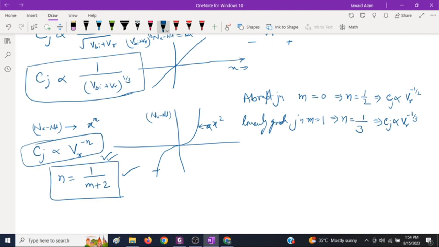We can use any one of them because here we have Cj, which is a function of reverse bias voltage.